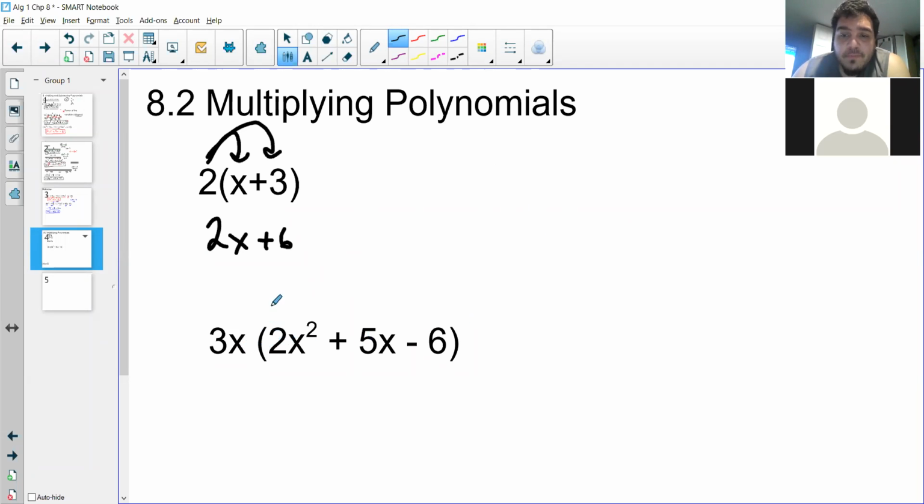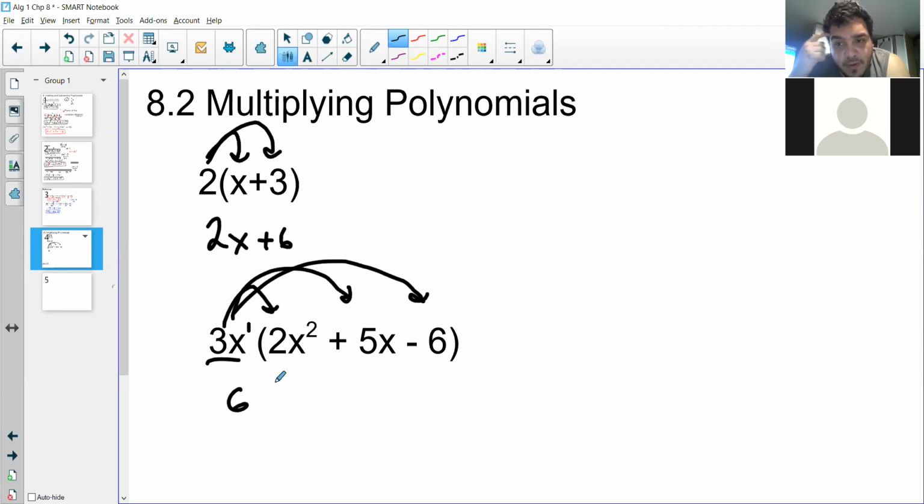If we have this, we take 3x and everybody gets multiplied by 3x. So 3 times 2 is 6. X to the 1 times x to the second. You've got to remember those exponent rules from the previous section. X to the third power, 1 plus 2 is third power. 3 times 5 is 15.